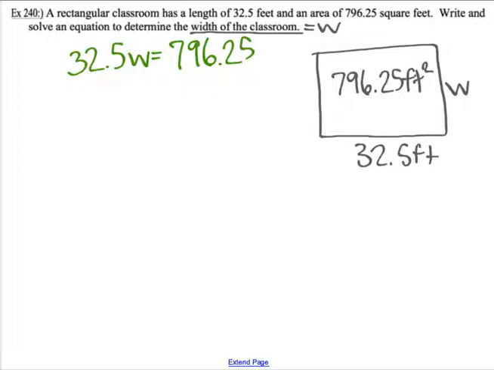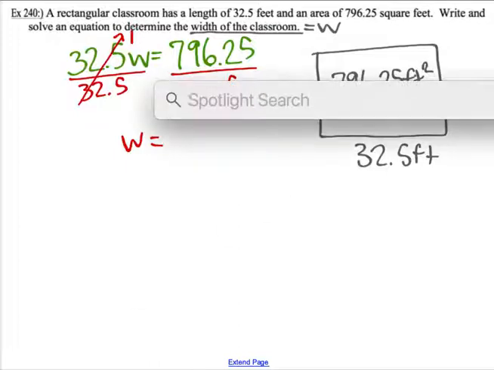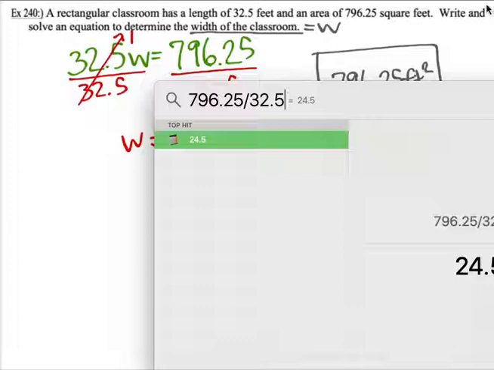In order to get the W by itself, we need to divide by the 32.5. And this does give us, reducing to 1, W equals 796.25 divided by 32.5. Now I recommend dividing that using a calculator. And I get 24.5.